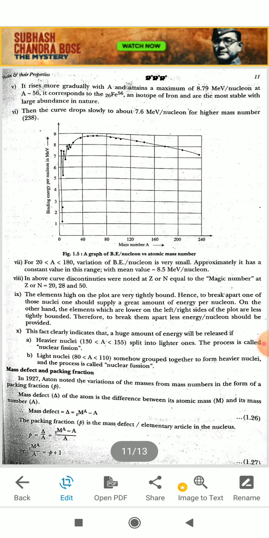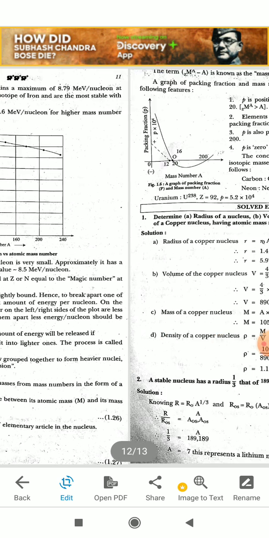So the mass of the nucleus upon the mass number equals packing fraction plus 1.